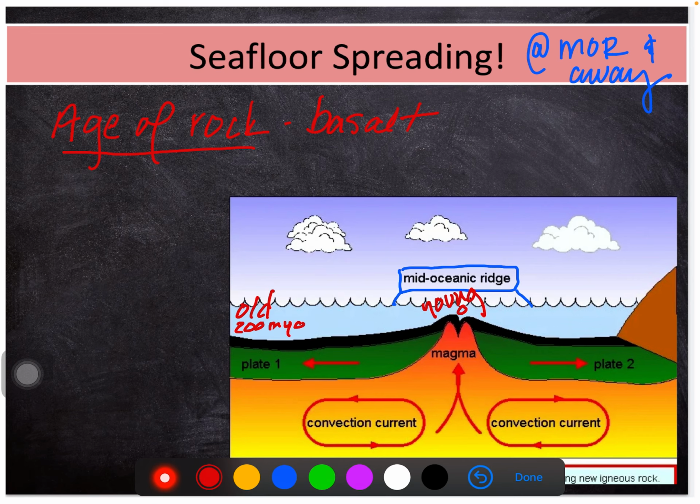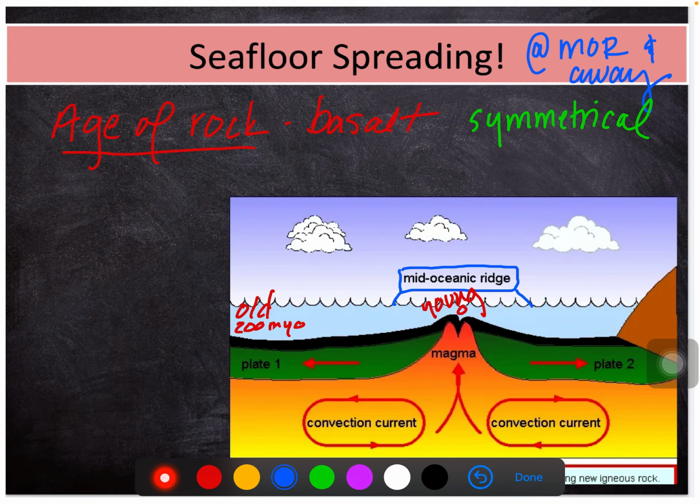So that's what our age of rock is showing. And we've noticed that that's consistent on both sides of the mid-ocean ridge, right? So another clue we have, or one of our biggest clues, is that that pattern is symmetrical around the mid-ocean ridge.